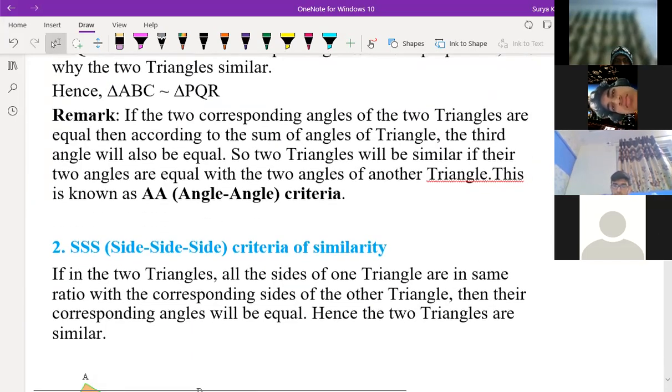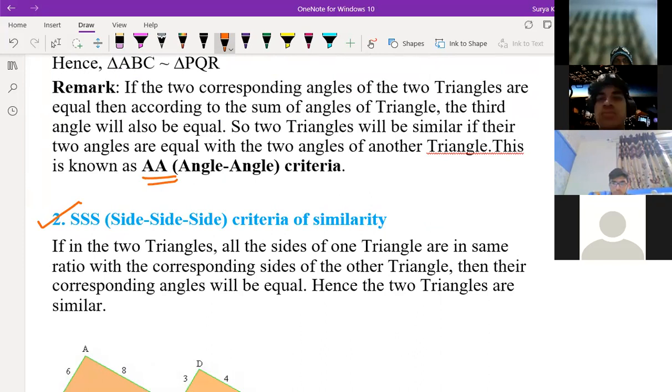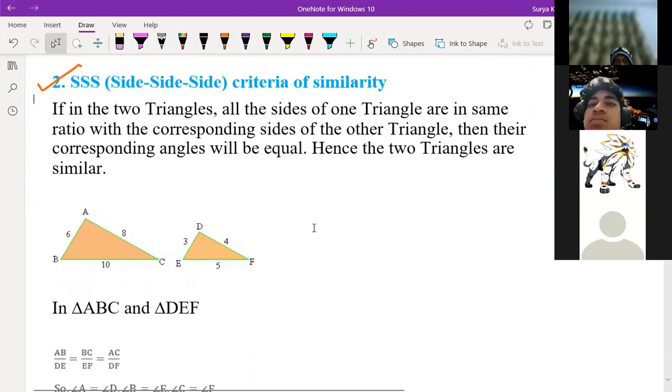Yes, sir. Now here they have also mentioned what we can know as the angle criteria. Now the second condition is that all the sides should be proportional. If you understand that all the sides are proportional, then also we can say that these two triangles are similar. We should not check the sides or the angles.